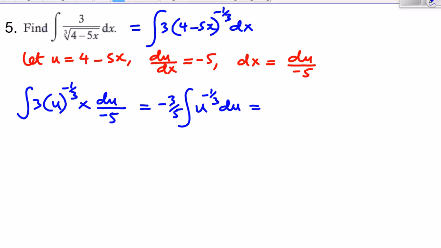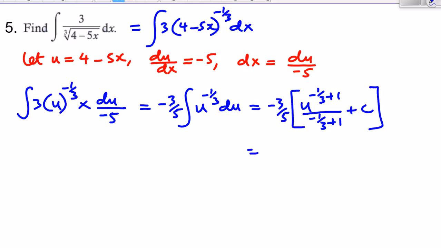Now, if you integrate that, you'll end up with negative 3 over 5 u to power negative 1 over 3 plus 1 over negative 1 over 3 plus 1 plus c, which will be negative 3 over 5 into bracket u to power 2 over 3 over 2 over 3 plus c.